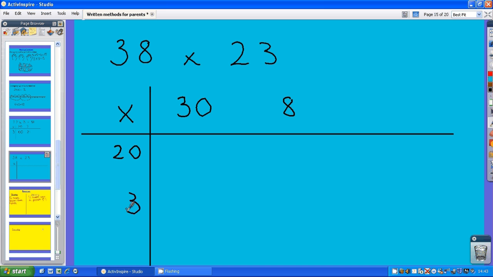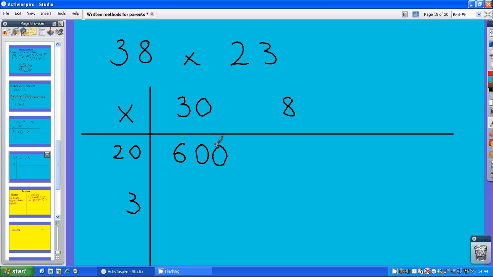We now need to multiply each number by the other number. 20 times 30. For this one, we know that 2 times 3 is 6. But because both numbers are 10 times bigger, this gives us 600. We then have 20 times 8. 20, 8 times.